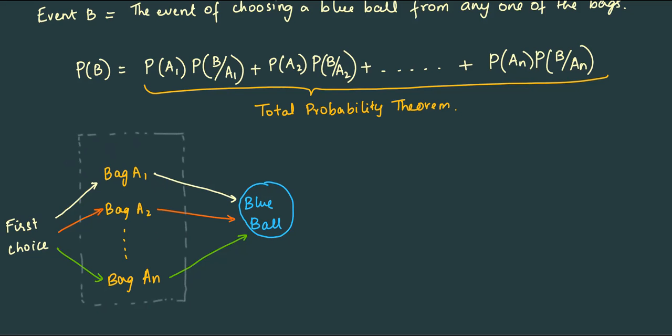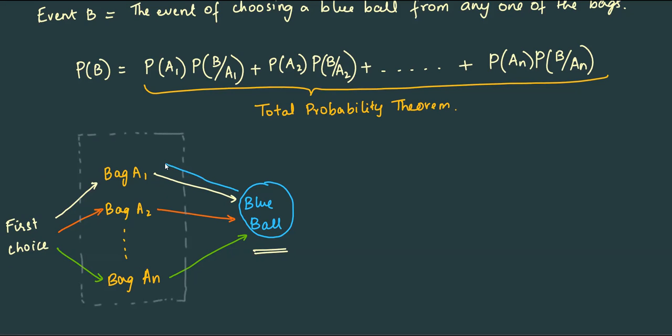We know that this outcome has come. Now we have to do a reverse estimate of which bag was chosen. That is the inverse probability. You have to assign probabilities for the bags.